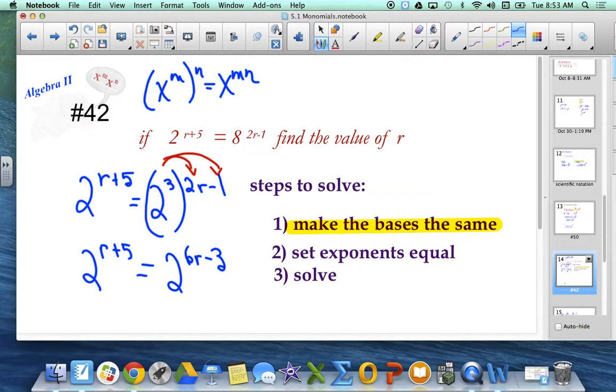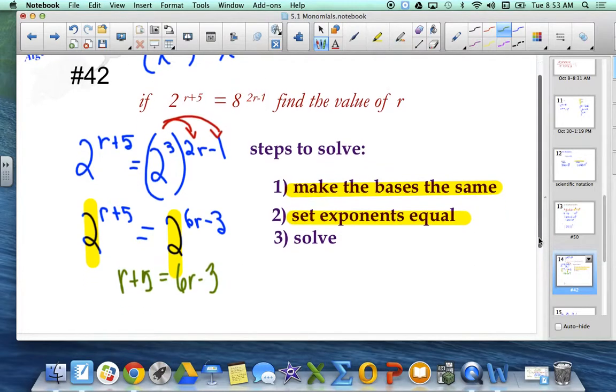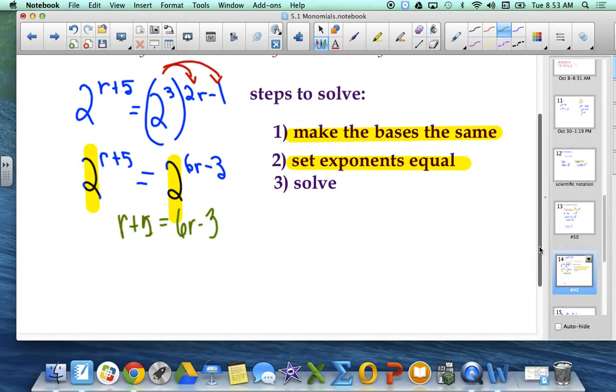Once we have the bases the same, this base is equal to that base, then we can set the exponents equal to each other. So we have r plus 5 is equal to 6r minus 3. So then we want to subtract, and we get 5 is equal to 5r minus 3.